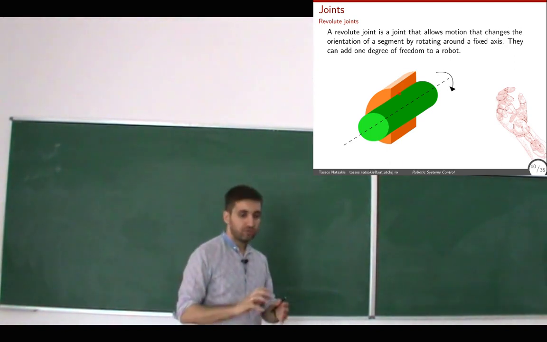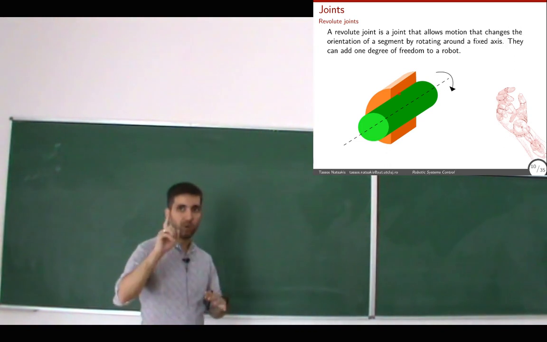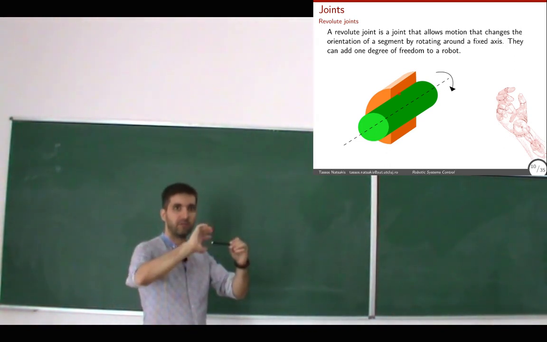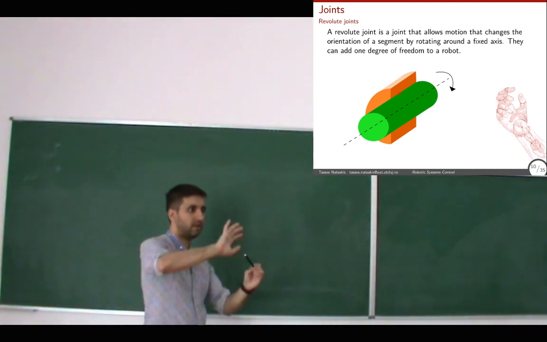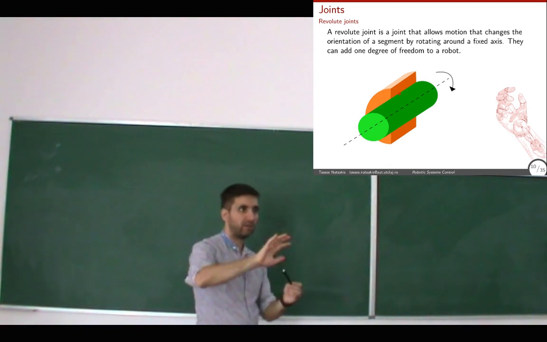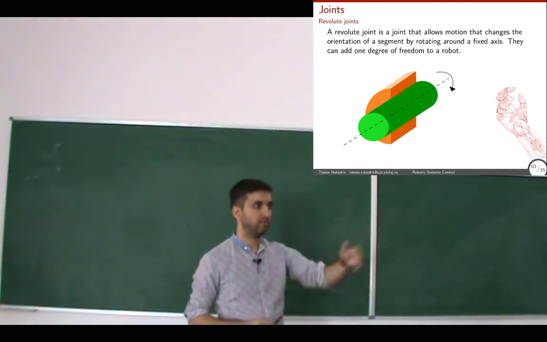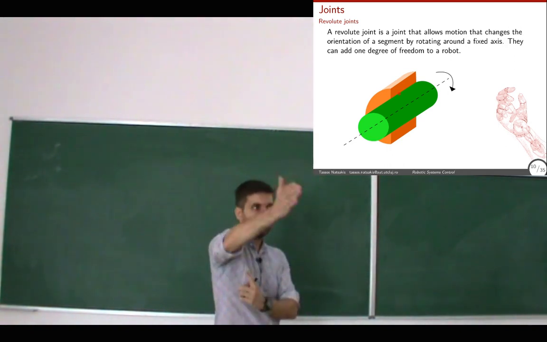It's a joint that allows changing the orientation of a segment by rotating around a fixed axis, around one axis. Okay, so we have one axis and it allows rotation around that axis. The axis can be oriented however we like, but it only allows rotation around that one axis. You can think of it as the hinge of a door, which allows the door to rotate around the fixed axis of the hinge.